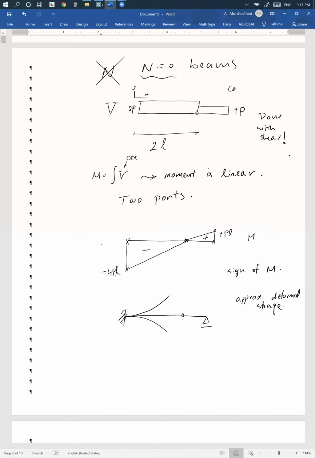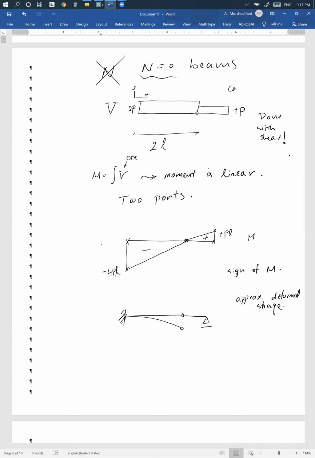The moment along this segment is negative, so it cannot be this one. So there is only one way I can think of to plot this: start with a tangent horizontal here, go down here.